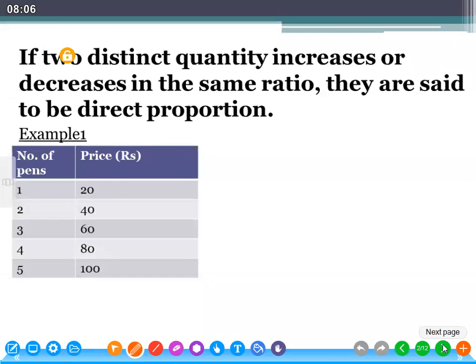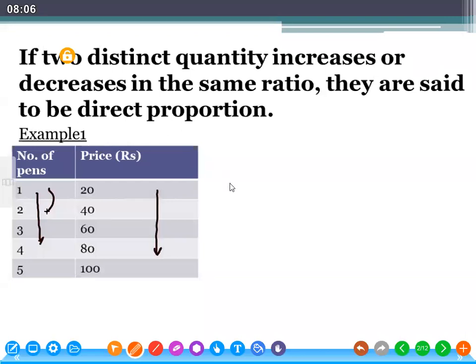Look at this example 1. There are the number of pens and the price. There are two quantities, one is the number of pens and the other is the price. And you can see the chart. Here the number of pens increases and the price also increases. Now let's see the ratio. I'm going to take these ratios.